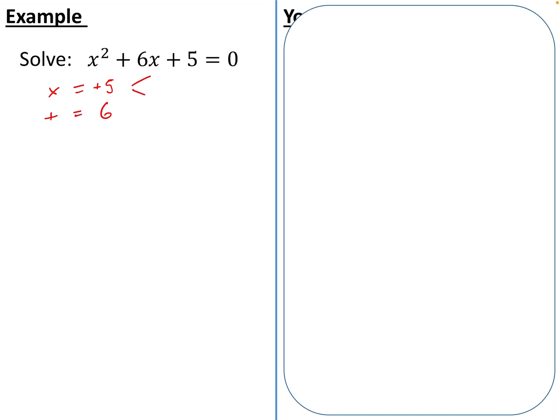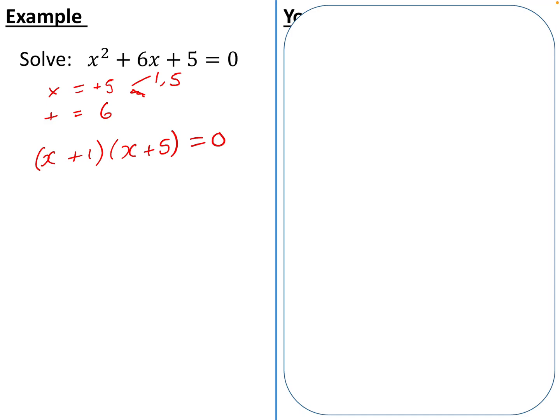Factors of 5, well, there's actually only one pair. It's going to be 1 and 5. They will add to give me 6. So that means in the factorised form, I get x plus 1 and x plus 5. That is still equal to 0. So far this is nothing new. You've factorised the equation and you know how to do this up until now.